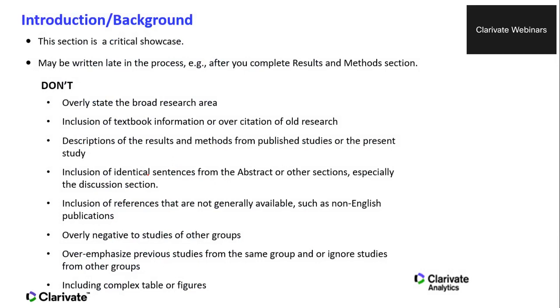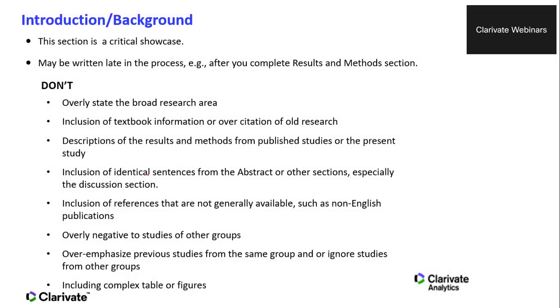But if you are writing on something which has contemporary relevance, all your citations in the introduction should not be older research. It can be a combination of both. You can start by citing some really important seminal older papers, but it should not be only older papers.